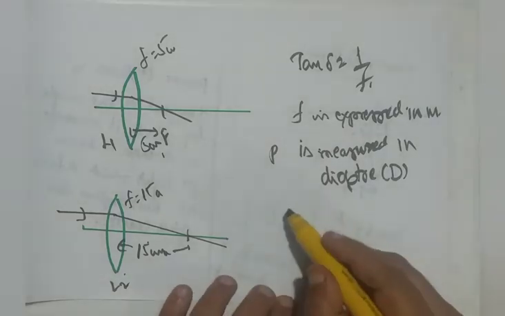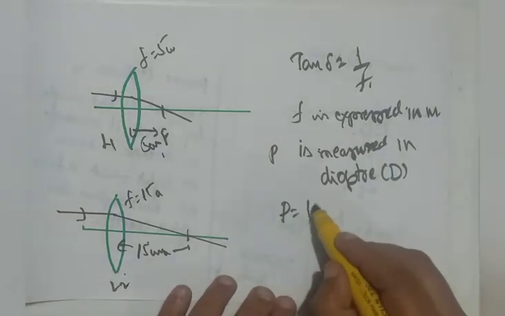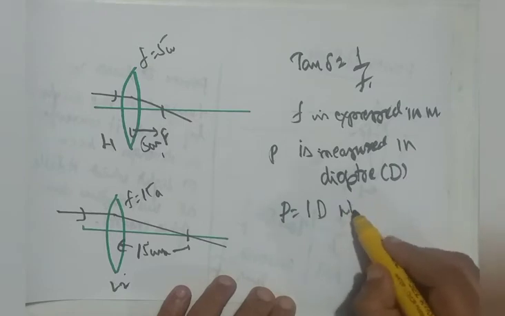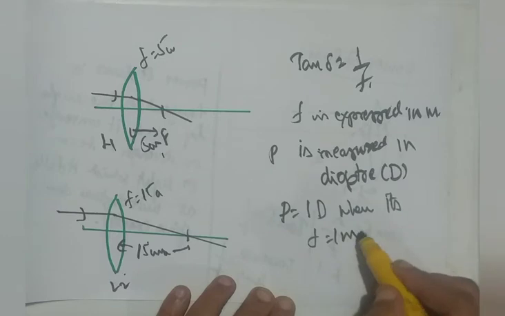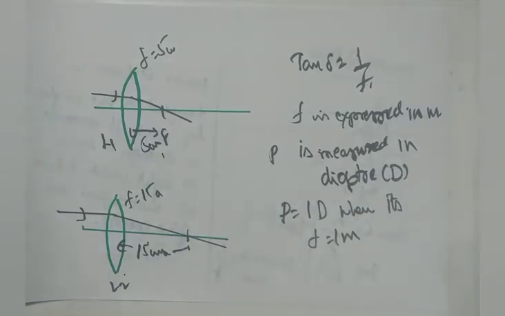Power of a lens is said to be 1 diopter when its focal length is 1 meter. Observe, to say power in diopter, one must write focal length in meters.